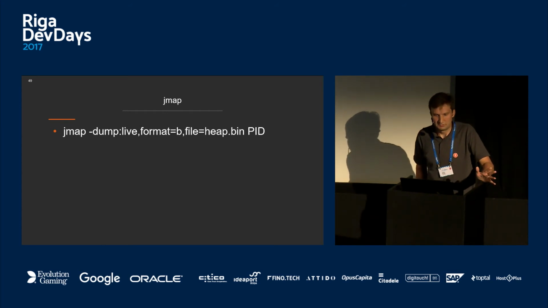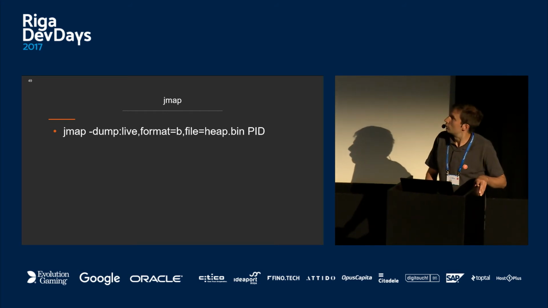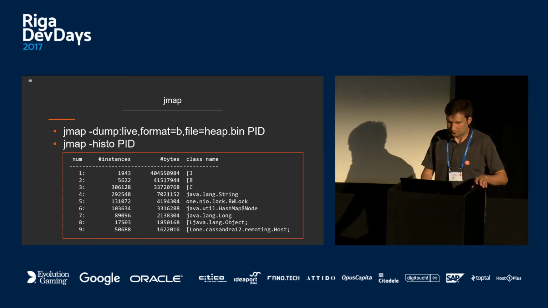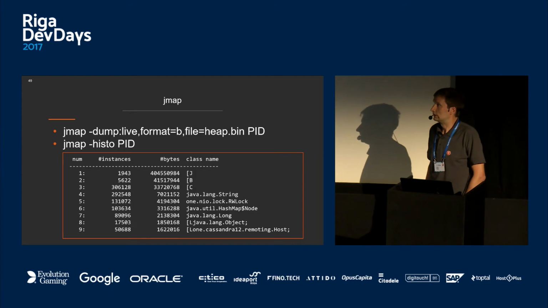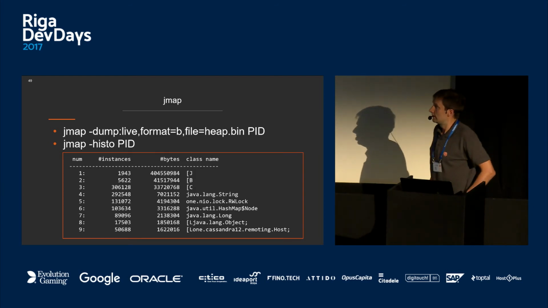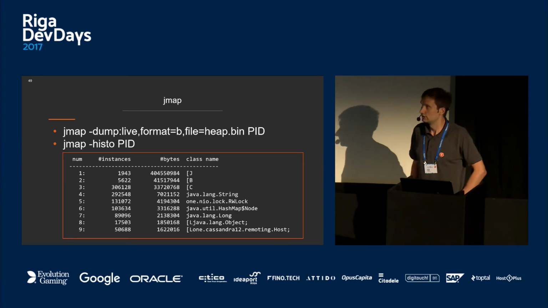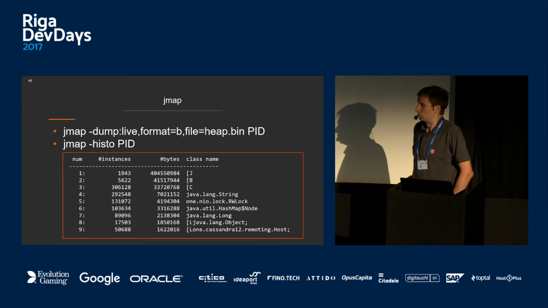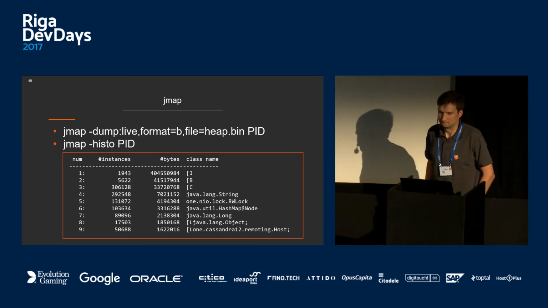I hope you're familiar with at least one of them, so I won't talk about it anymore. However, dumping heap is usually a rather slow process and can't be used in production systems often.